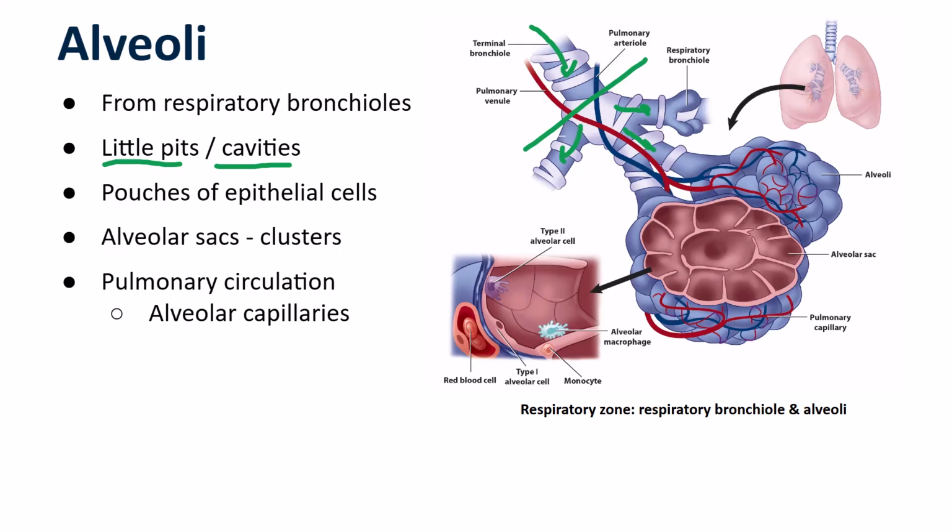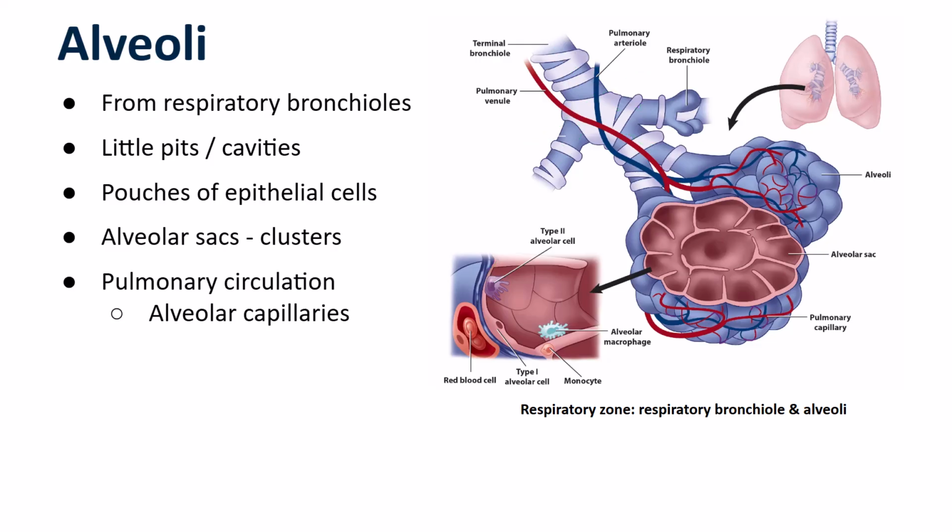Histologically, these are basically just pouches of epithelium. They have a layer of simple squamous epithelium supported by a basement membrane, and they occur in clusters, which we call alveolar sacs. They are the target site of exchange for pulmonary circulation.